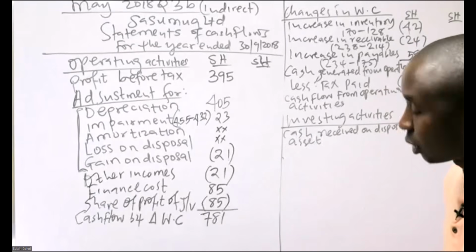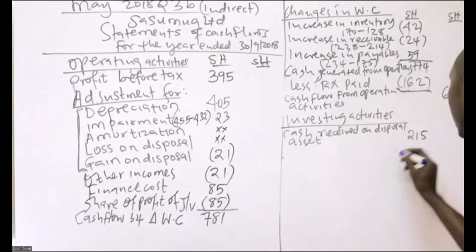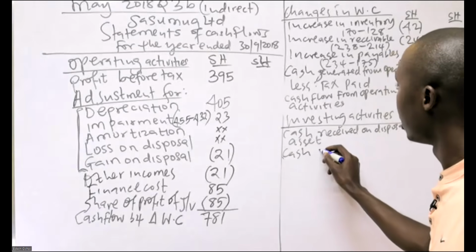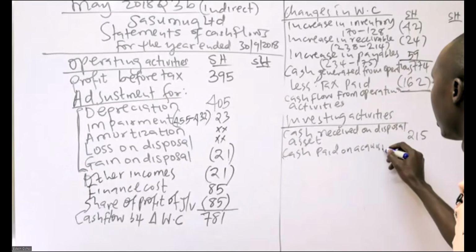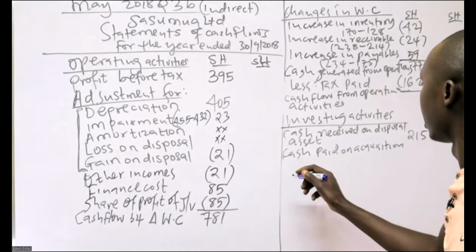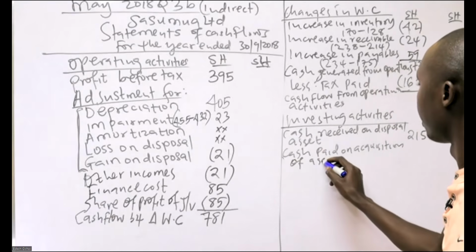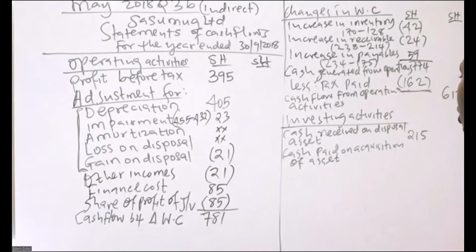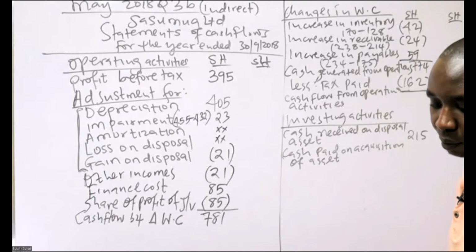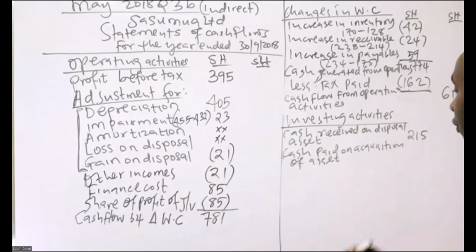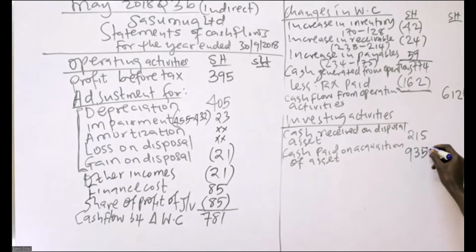So 215, Daniel, that is good. So then there's that working we did. So cash paid on acquisition of asset, it was 900 and something, which is the figure? 935. So this one we subtract.